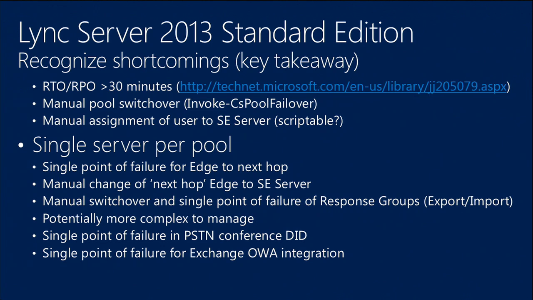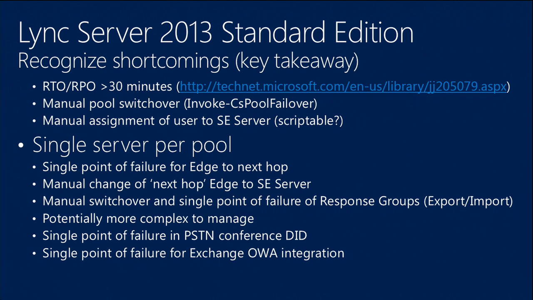The other concept here is because we only have a single server per pool, there's some impact from other Lync services. So in Ewan's example, we had 2 Enterprise Edition pools. Your Edge servers in the environment have a single next hop defined. And so if one of the pools that failed is the next hop inbound from Edge, when that fails, you'll also have to go to your Edge environment and update that to point it to one of the servers that survived inside of the organization.